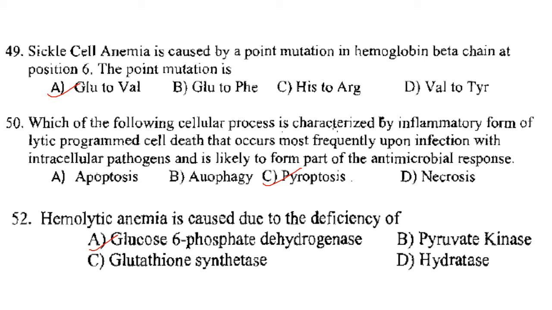It is pyroptosis. Answer is option C. Then next one. Hemolytic anemia is caused due to the deficiency of. The most common medical problem associated with glucose 6-phosphate dehydrogenase deficiency is hemolytic anemia. So the answer here is option A.